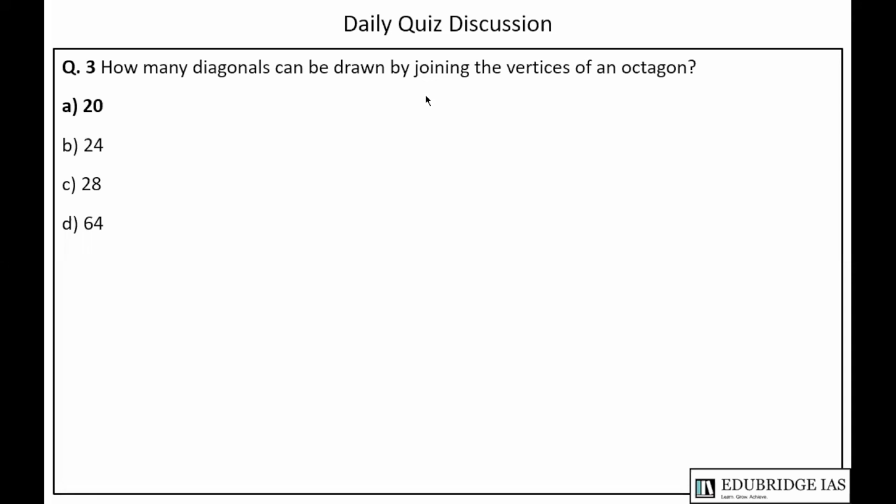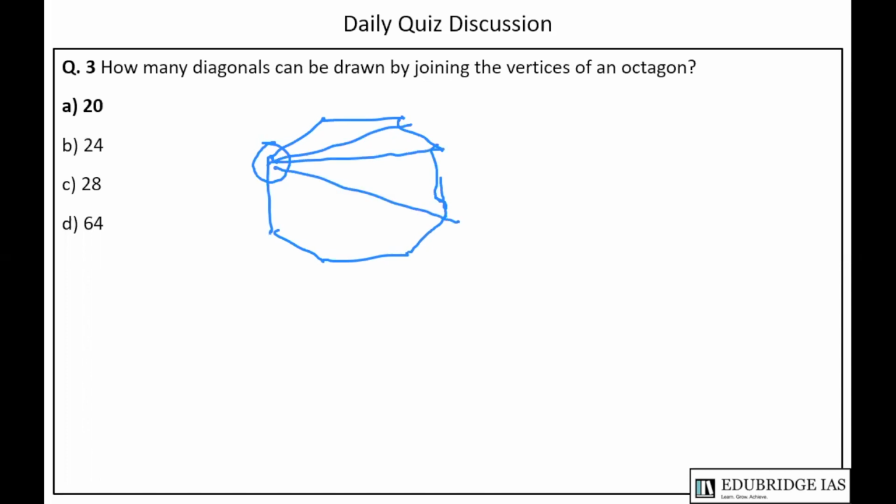Next question is, how many diagonals can be drawn by joining the vertices of an octagon? So this is an octagon. For diagonals, if we take this point, we can connect it with 5 points: 1, 2, 3, 4, and 5.